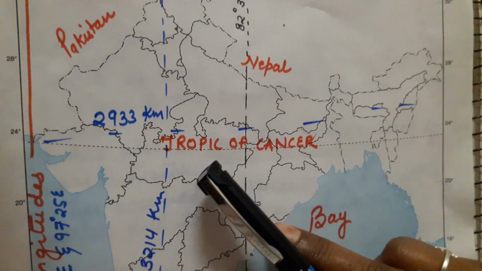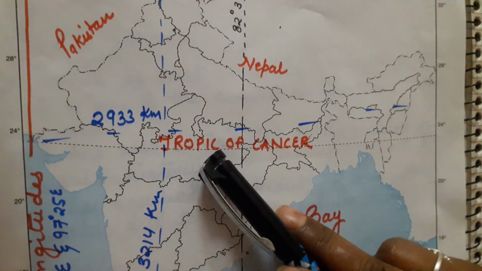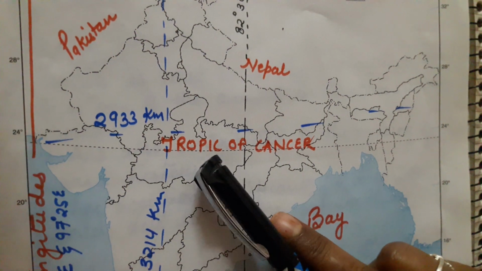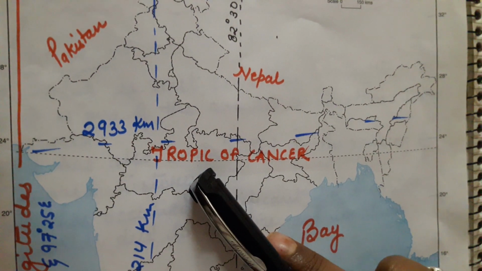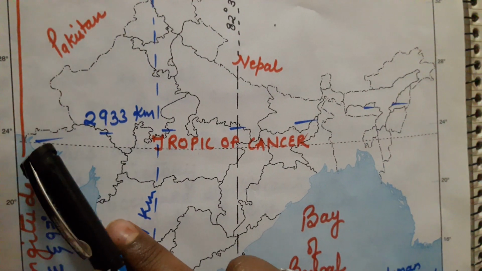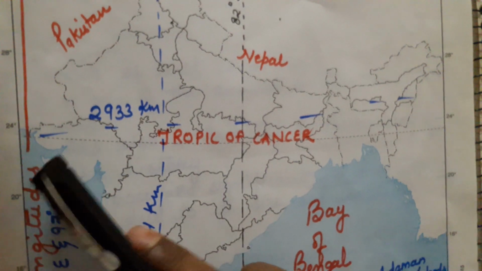This line also passes through the city of Bhopal in Madhya Pradesh, and the Tropic of Cancer covers these states. Which states?